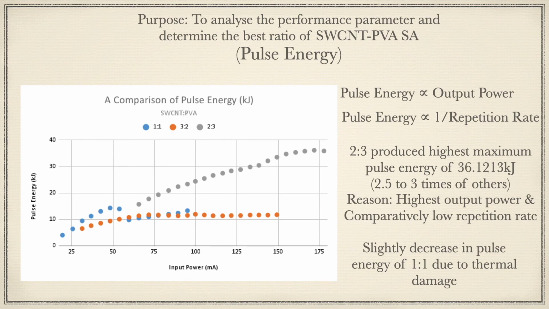In this figure, we also found that a slight decrease in pulse energy is observed for the SWCNT-PVA of ratio 1:1, which occurred due to thermal damage.